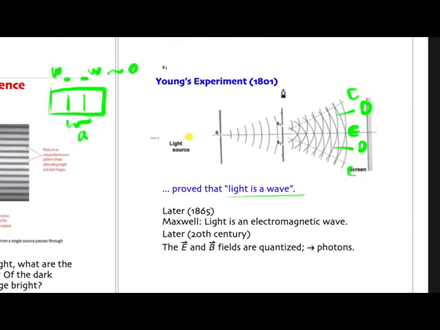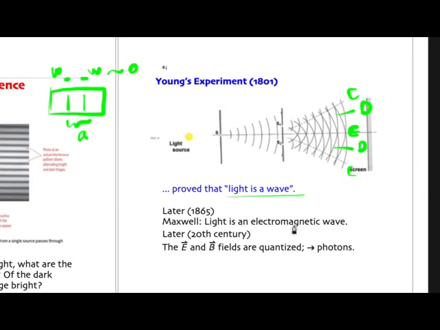Now this is 1801. Later, 1865, a number of years later, Maxwell, based purely on theoretical analysis, mathematical analysis, showed that light is an electromagnetic wave because he had a field theory of electricity and magnetism in which one prediction of the field theory was the existence of waves.